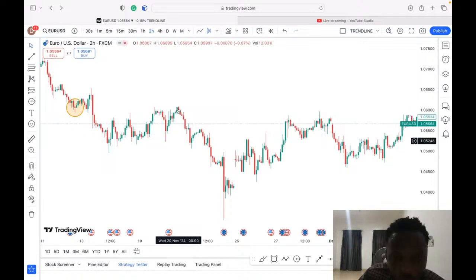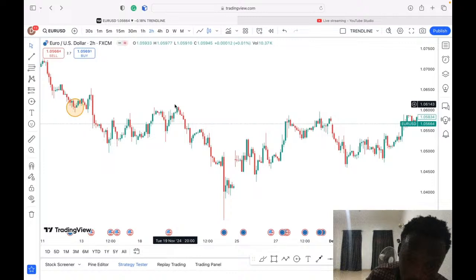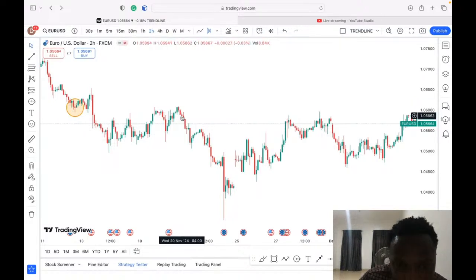Once I've seen this, it's already giving me a short signal, but I'm going to wait for a confirmation. I'll wait for another candle to form just below or equal to the third candle of the evening star. We saw that a small candle was just formed here.